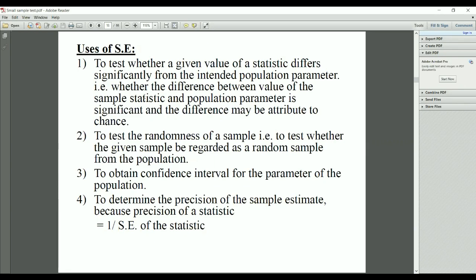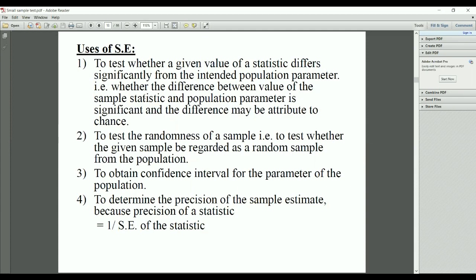Using the standard error, we can say which data has less variability and which has greater variability, that is, which data is consistent.